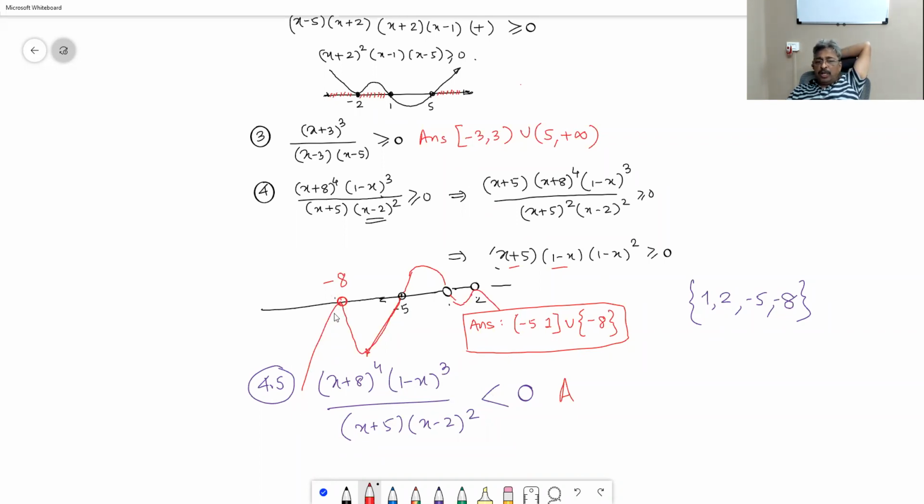So if all values of x are taken less than minus 8, the function is negative. So it enters like this, touching just minus 8 because at minus 8 the function becomes 0.